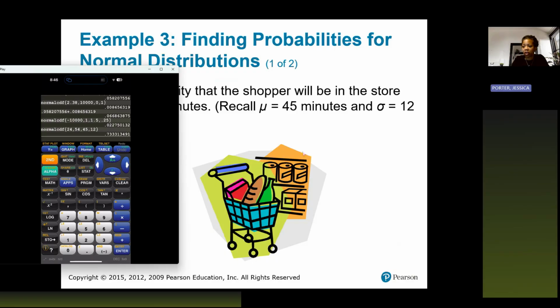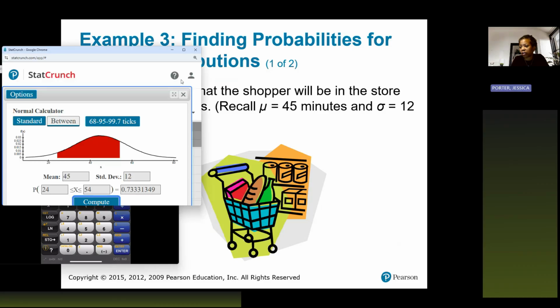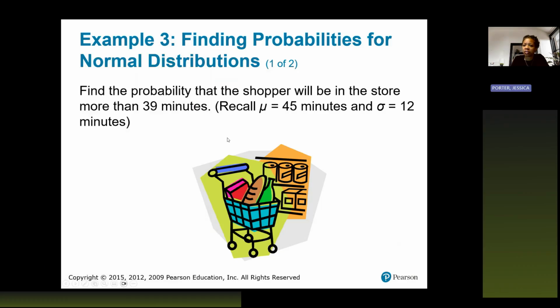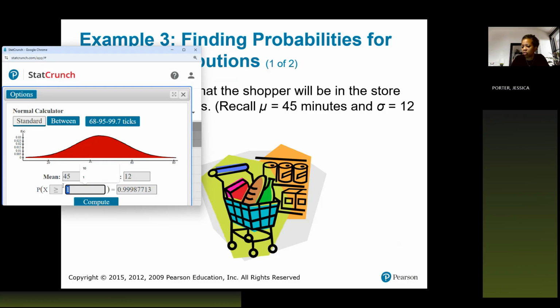Well, we could go StatCrunch, standard, change this around, 45, 12, more than how many minutes? 39. More than 39 minutes. That's 0.691.